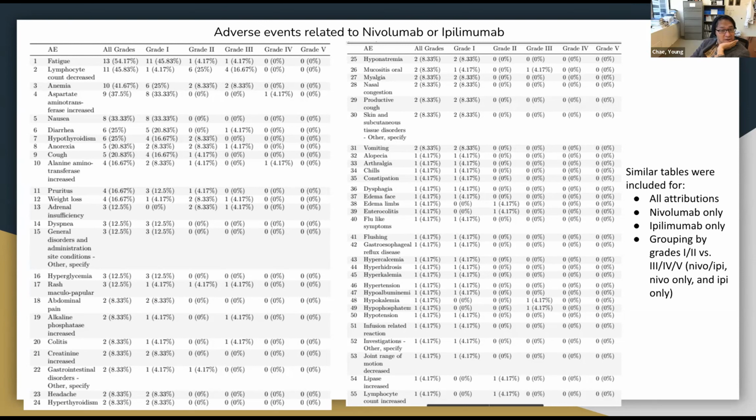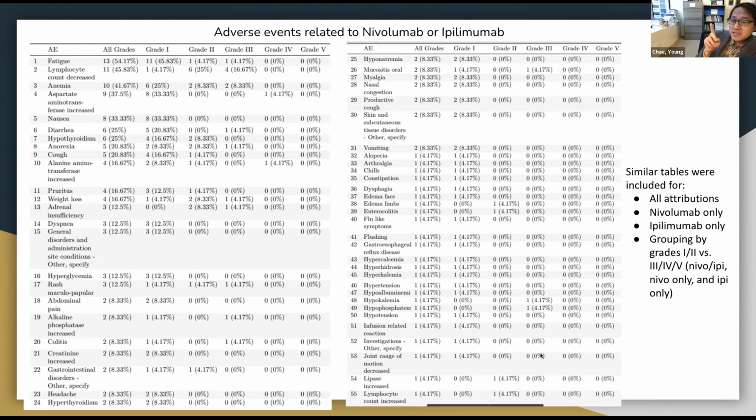However, grade 1, 2, 3, 4. Sometimes you group them, but here it says Nivo IPI only group. Who are they? This is for adverse reactions associated with Nivo or IPI. Oh, you have a separate table for Nivo only, one for IPI only.